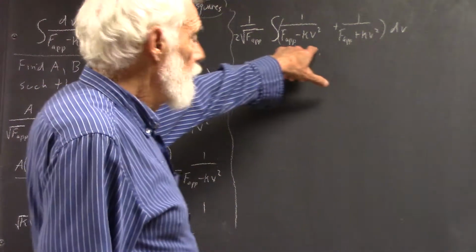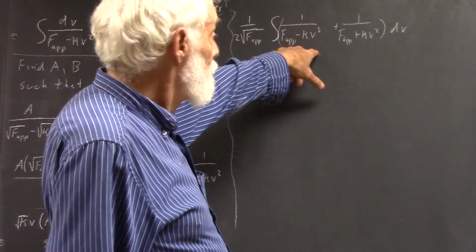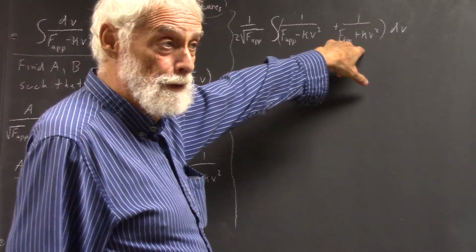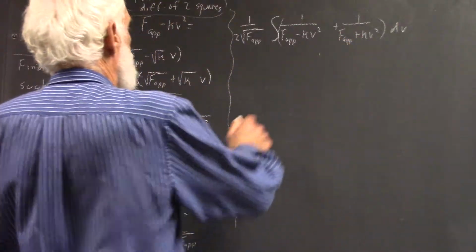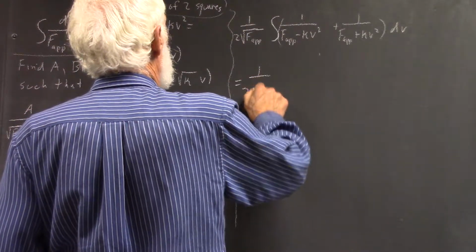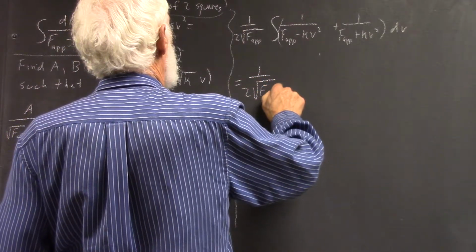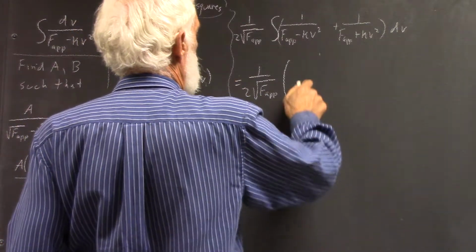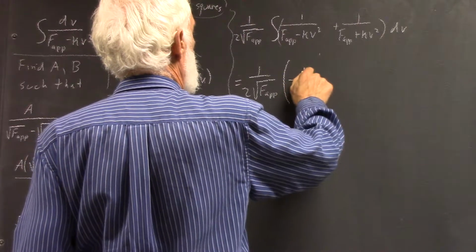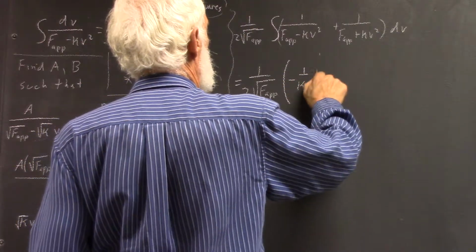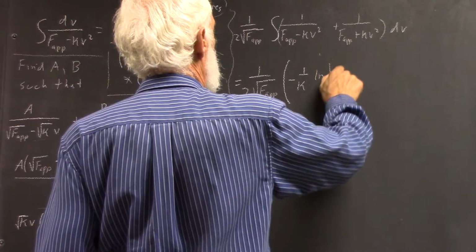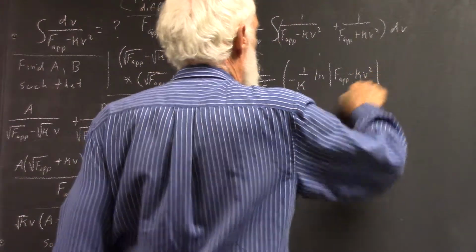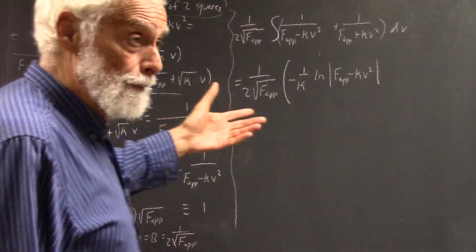If we let u equal f out minus kappa v squared, we can integrate this one. And then with the plus, we can integrate this one, right? And this is going to be 1 over 2 square root of f out multiplied by this.